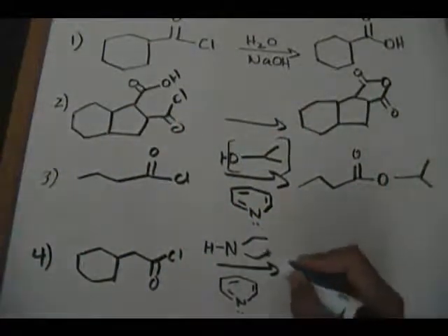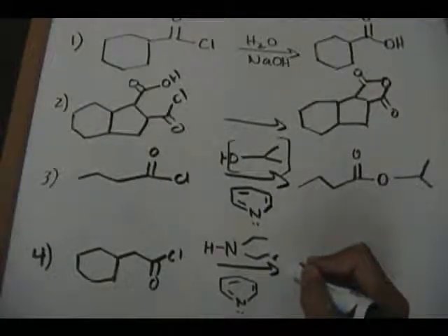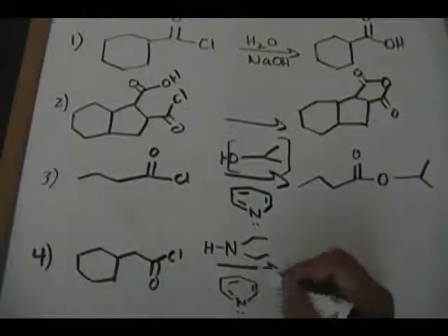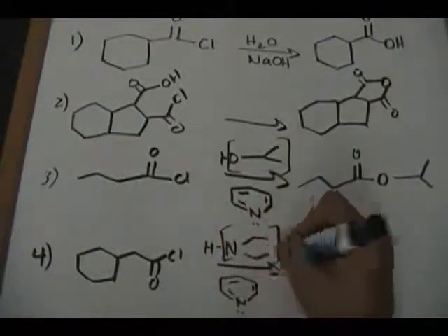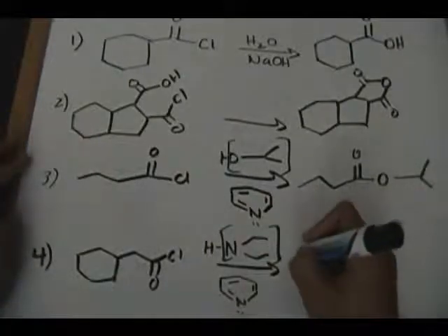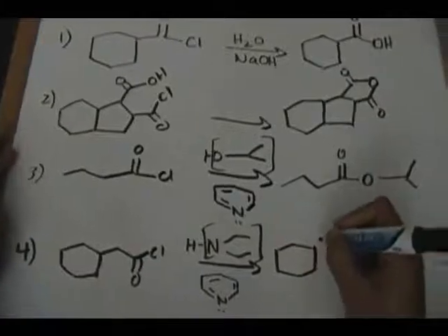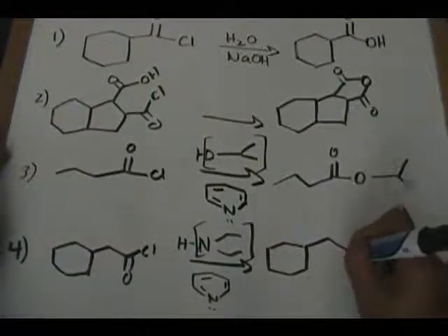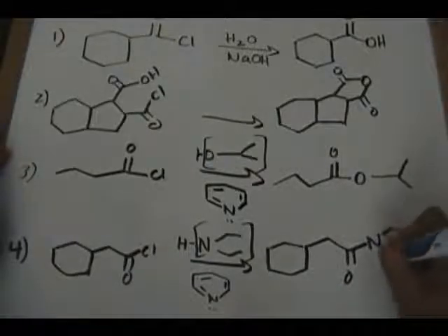Doesn't really matter, in this case the R groups we selected were both carbon groups. And we have a base, pyridine. Replace the Cl with the piece in brackets. Effectively our product will look like this, and we have our amide.